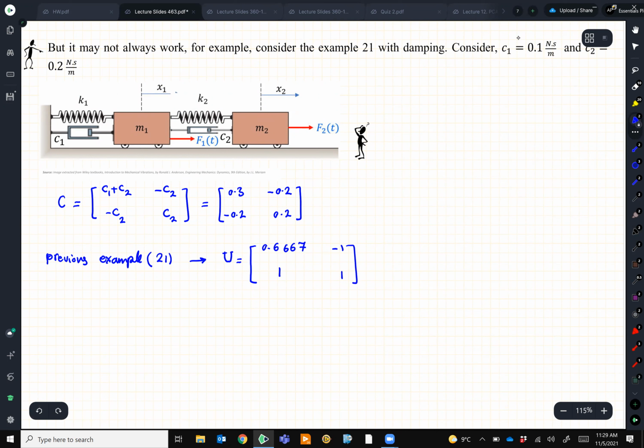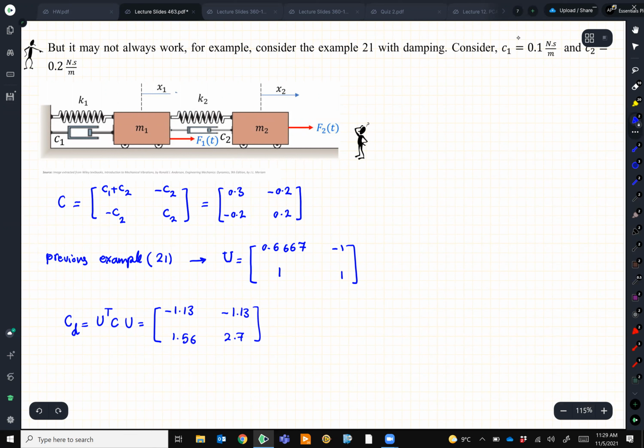So before we tried it with the mass matrix and with the stiffness, no problem. But let's try it with C_D. C_D is U transpose C U. The result will be minus 1, 13, minus 1, 13, 1, 56, 2.7.